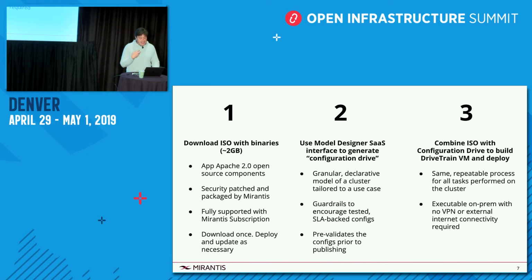The SaaS model enables us to very granularly control the guardrails within which we help you define the model, because there are probably 60 different open source components inside MCP. The bigger ones, of course, are OpenStack, Ceph, and OpenContrail, but there's a whole bunch of other smaller things that operate on their own release cycles, and there are constantly new features or tweaks.